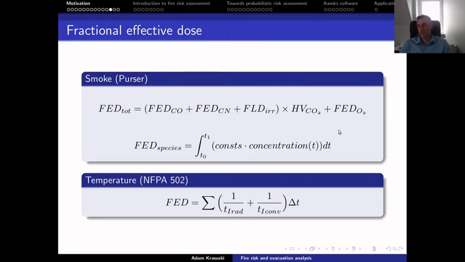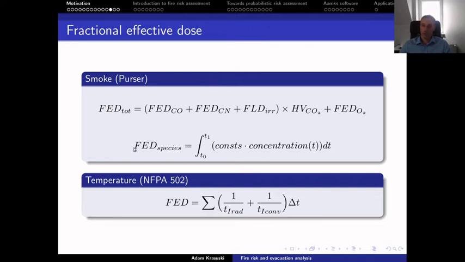And the value which was gathered by the consecutive evacuees is then compared with the lethality effect or fatality effect of this concentration on the population. And if the FED value achieves 1, it means that 50% of the population might die based on the exposure to the smoke.